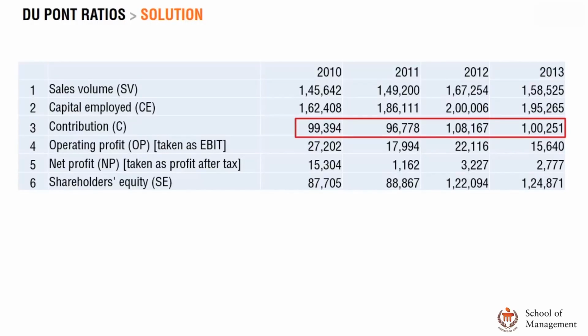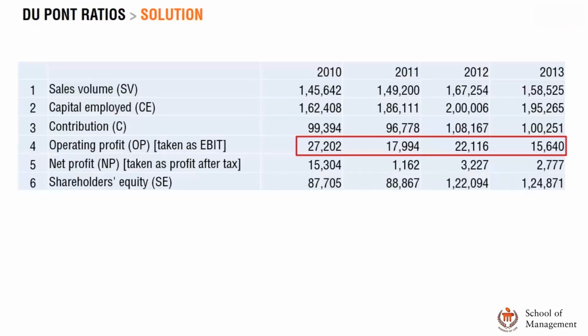You can see from the P&L account that the variable costs are food and beverages consumed and variable staff cost and variable operating expenses. The total of these 3 items will give us the total variable cost, and when we reduce this from the sales volume, we get the contribution.